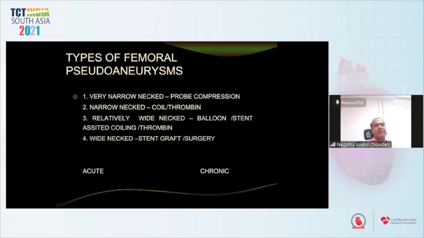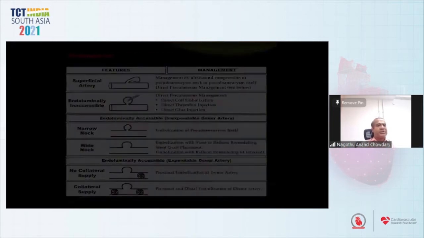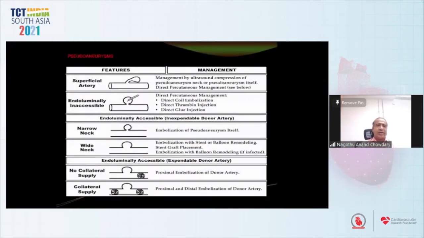Wide neck pseudoaneurysms are difficult to manage, so they usually require surgery or stent graft placement. These pseudoaneurysms can also be acute or chronic, so depending on the day of presentation, they have to be managed. These are the various presentations of pseudoaneurysms according to the size and the neck, as you can see.